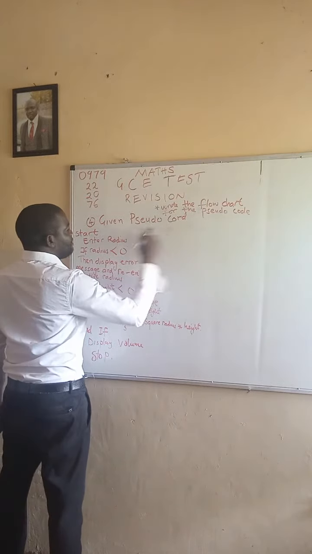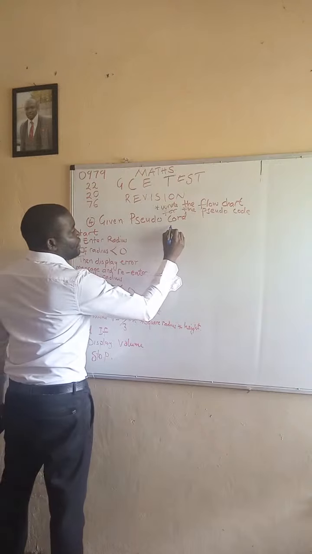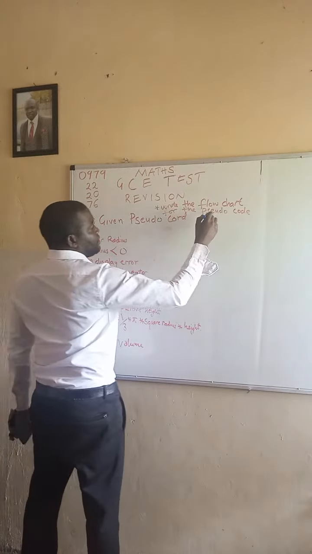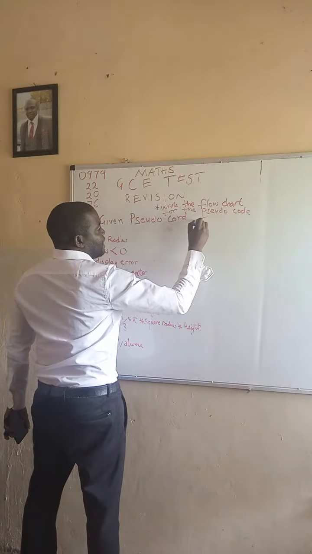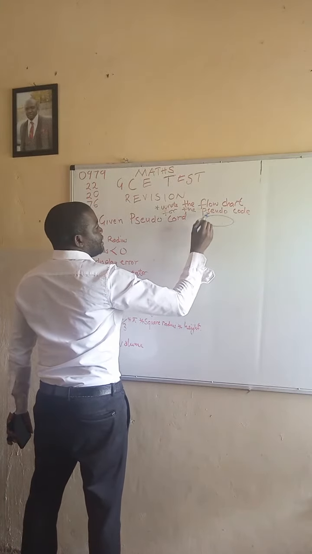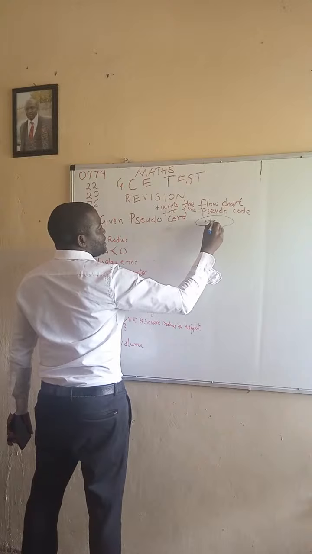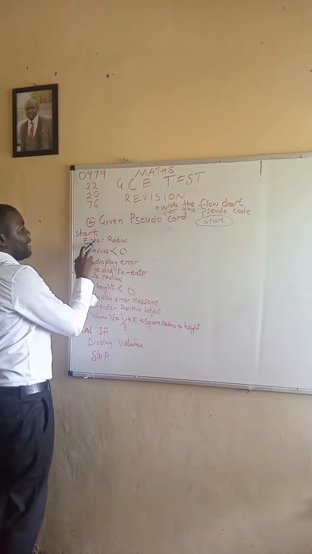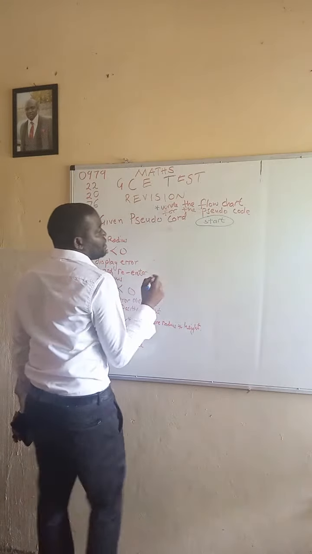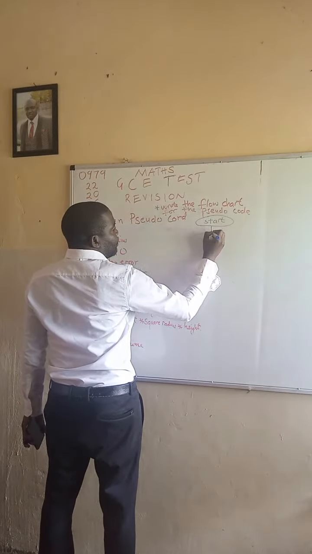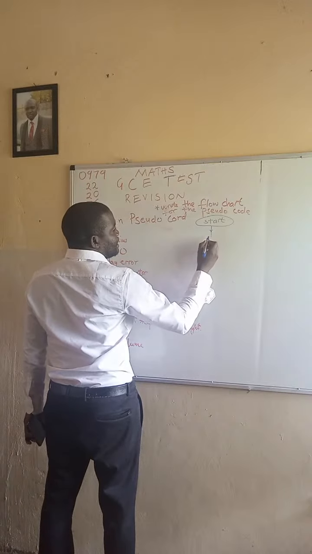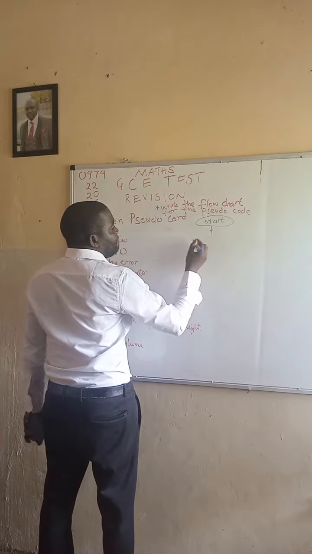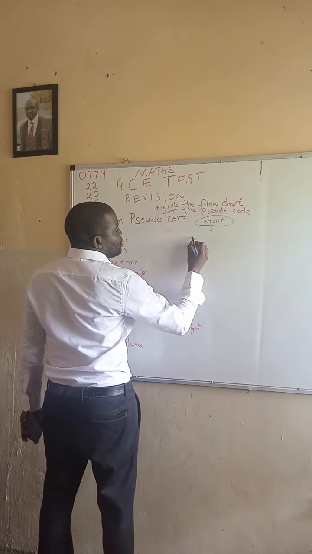So the flowchart, the first one is start. So you draw like a circle like here, and then we name it start. The second one is enter radius. So we draw a straight line like this. The enter box, the shape of the enter box is not a square.